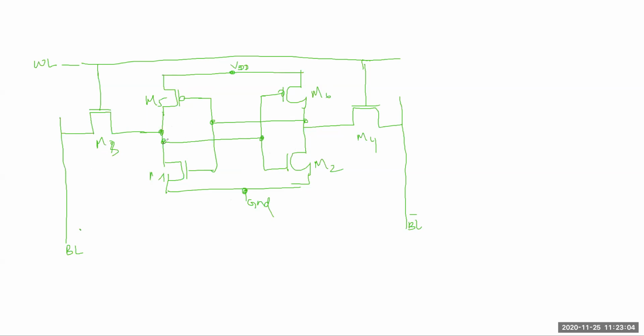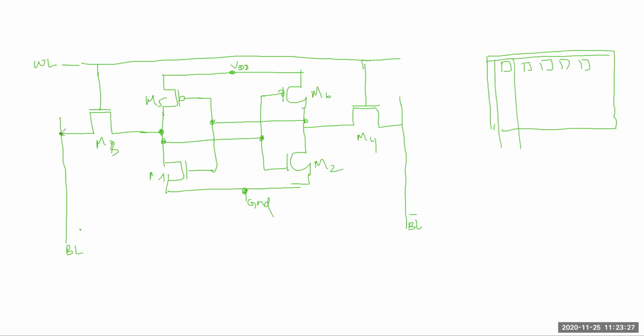So a lot of things are there. This is one memory cell, but actually lots of memory cells are there. All word lines are connected to the access transistors, and all bit lines are connected.